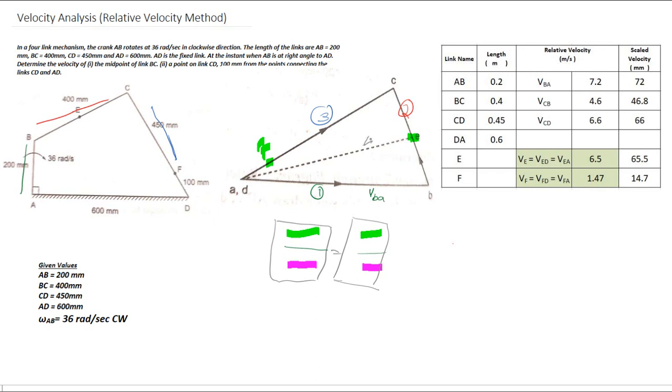This is your fourth vector that you are going to draw, and next is velocity vector FA. Here the velocity vectors VFD and VCD will lie on the same line. After that you have to measure this particular length.